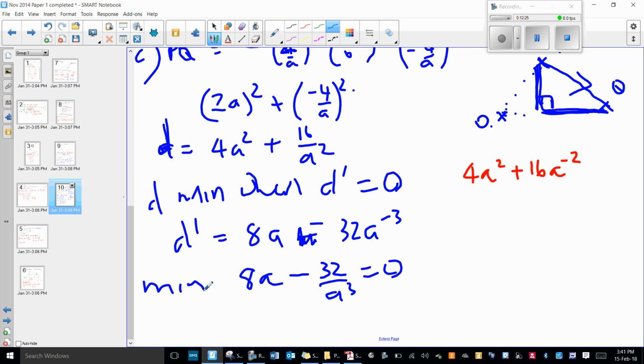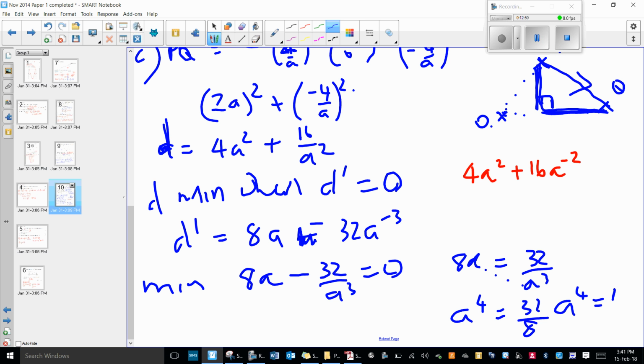So 8a equals 32 over a cubed. I've just brought the a cubed up here, and then I've moved the 8 across. So a to the 4 is 32 over 8, which is 4.